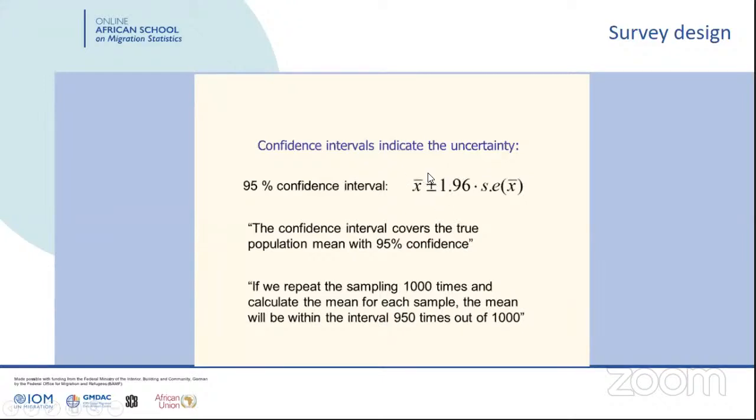So the estimate plus minus the margin of error, that is our confidence interval. If we could repeat the sample survey 1,000 times, then our confidence interval would cover the true population value 950 times out of 1,000.